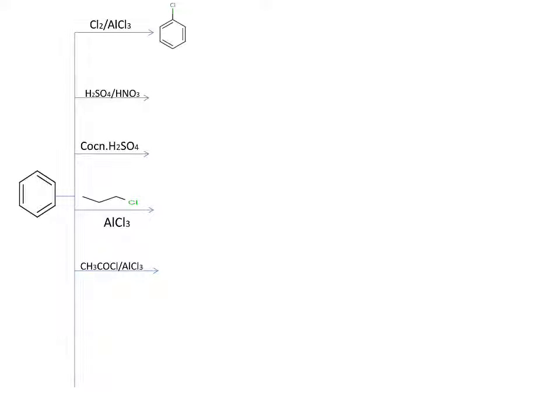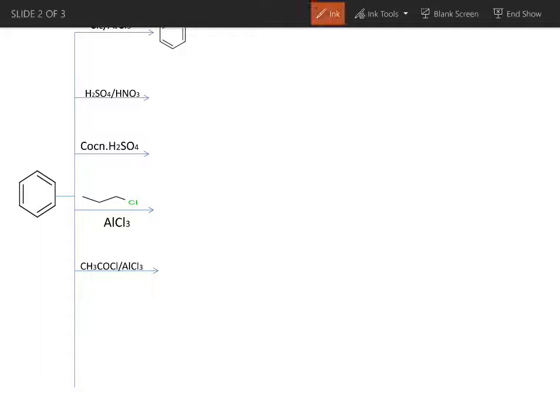Now in the second reaction, benzene is reacting with a mixture of concentrated sulfuric acid and concentrated nitric acid. This mixture is called the nitrating mixture. When the nitrating mixture reacts together, it forms the electrophile NO2+.